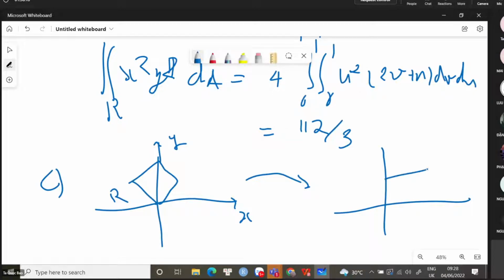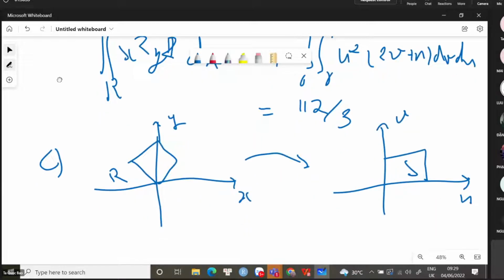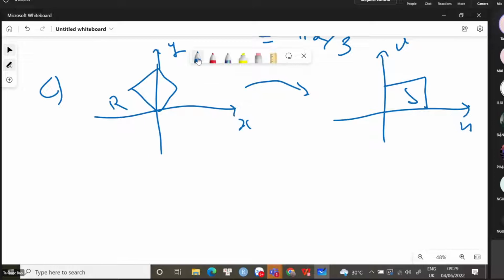It looks like this, S here, in u and v. Therefore, we have the Jacobian: 1, minus 1, and 1, 1. This is exactly equal to 2.